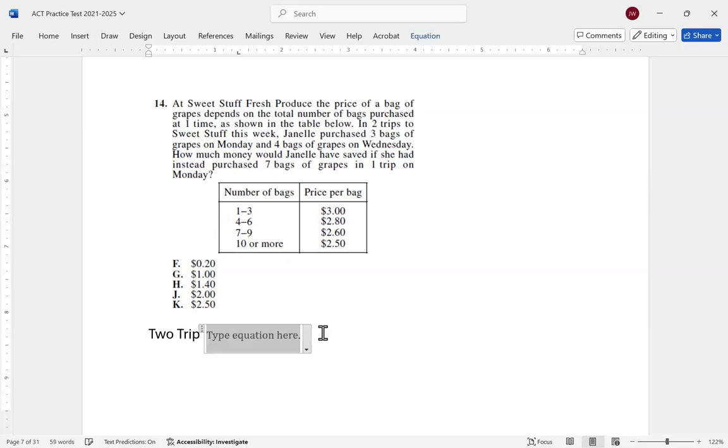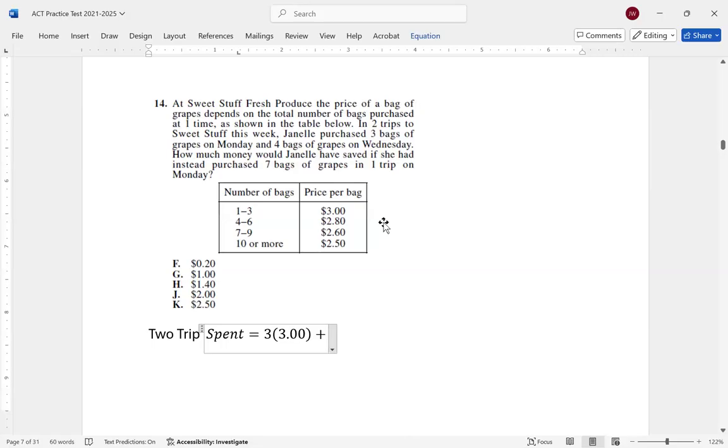and calculate how much she spent on 2 trips. Since she bought 3 bags on Monday, 3 bags puts us in the first category, which is a price per bag of $3. So 3 bags at $3 per bag in the first trip.